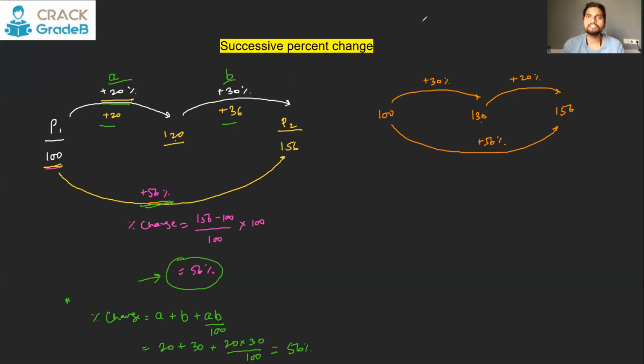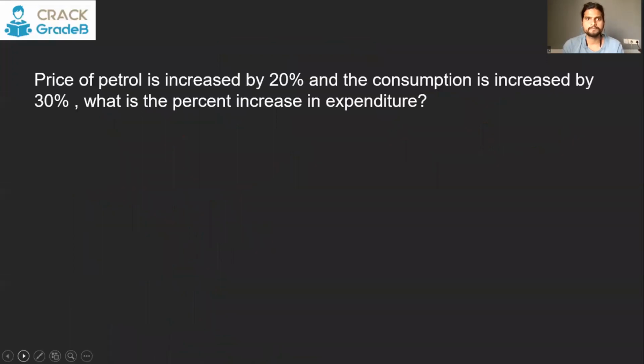Let's see one more form of this. It says the price of petrol is increased by 20% and consumption is increased by 30%. What is the percent increase in expenditure?